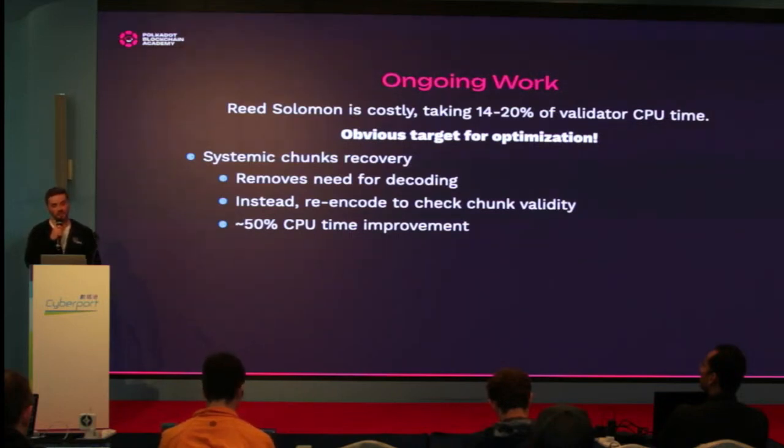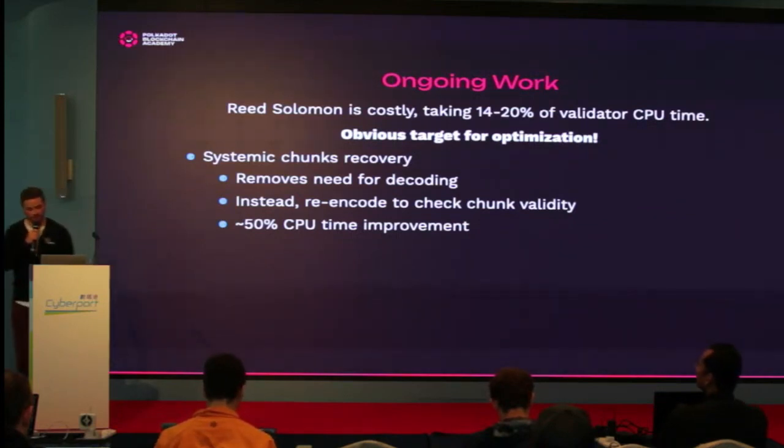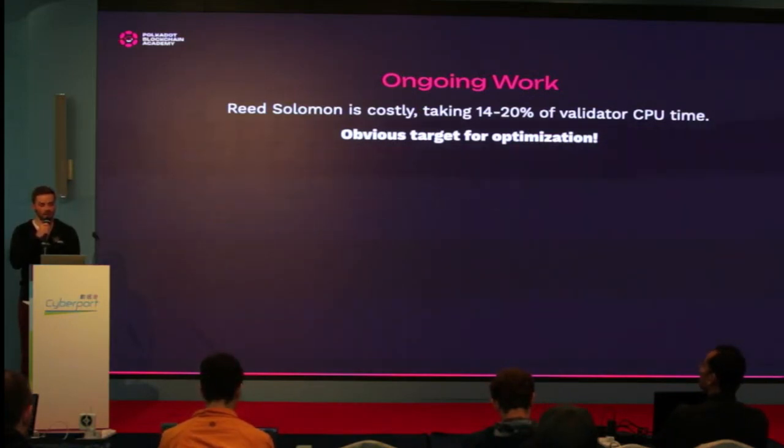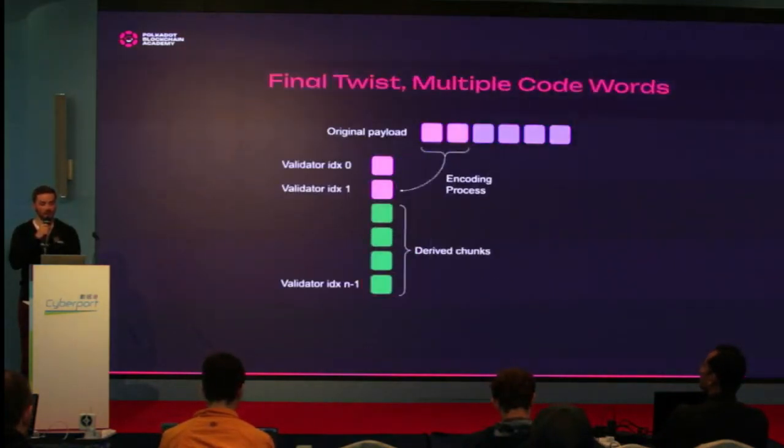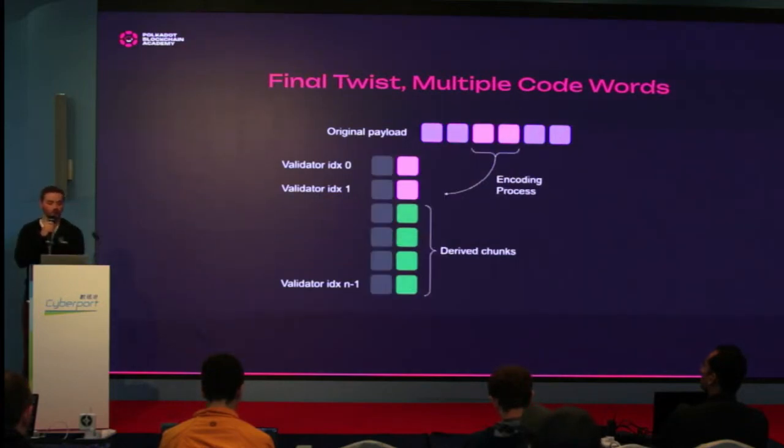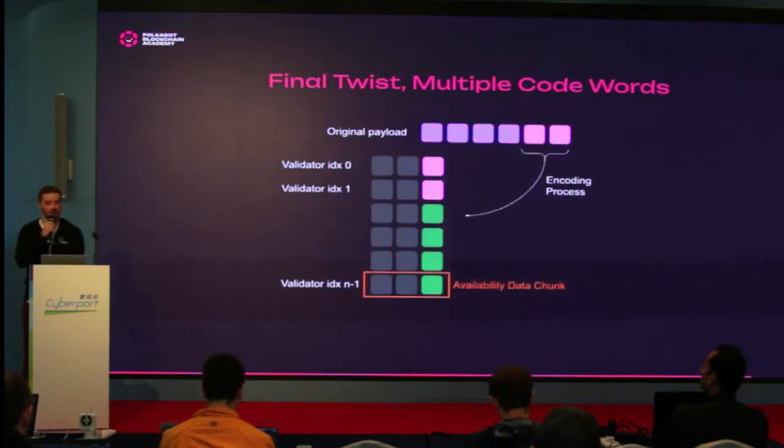One of these is called systematic chunks recovery, which, if done properly on a happy path, removes the need for Reed-Solomon decoding entirely. So let me describe how that would work. You notice that validators with index 0 and 1 are the validators that have all of the original chunks of data. That is 1/3 of validators that have all of our original data.